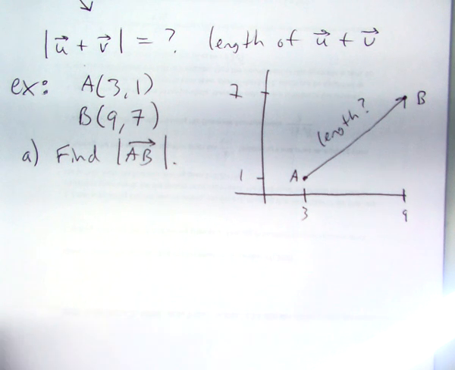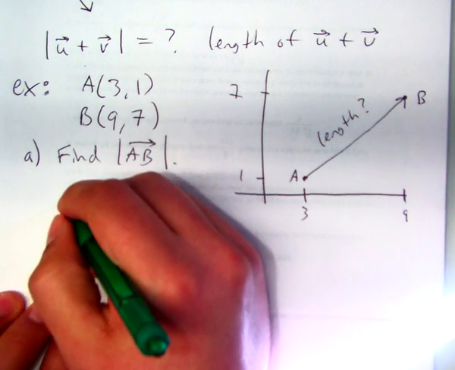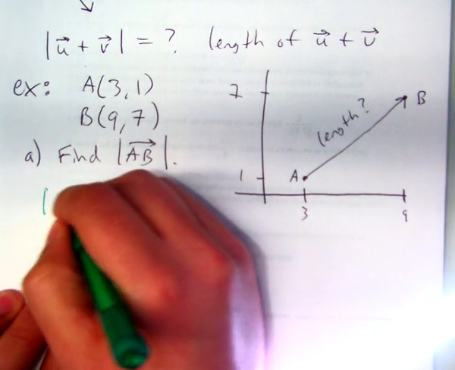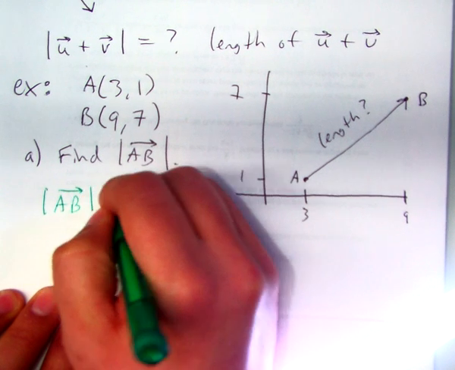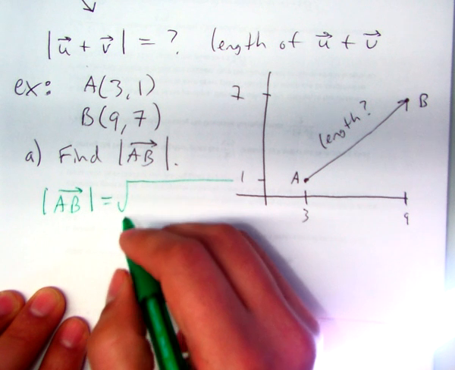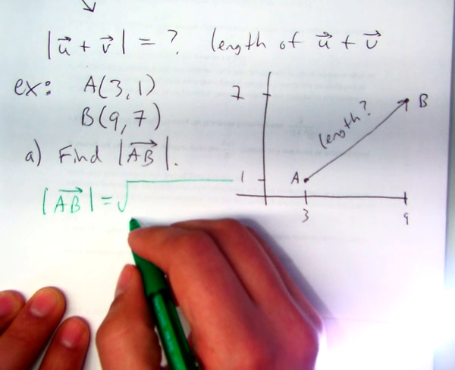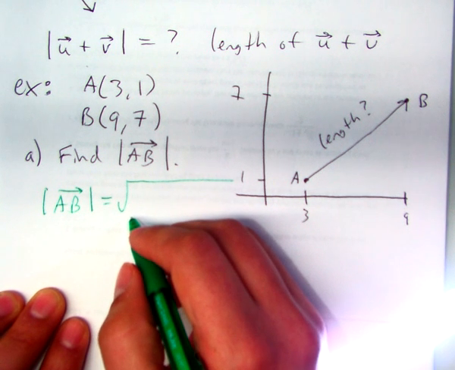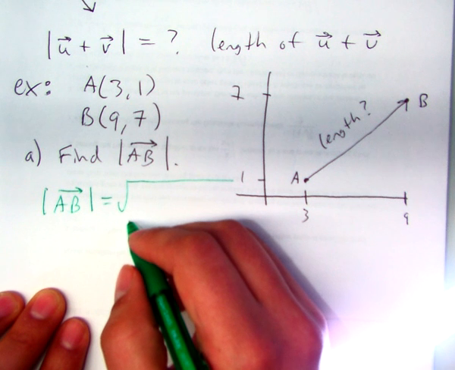Okay? If I did the distance formula, that would be the square root of what? What is the formula? x2 minus x1 squared.